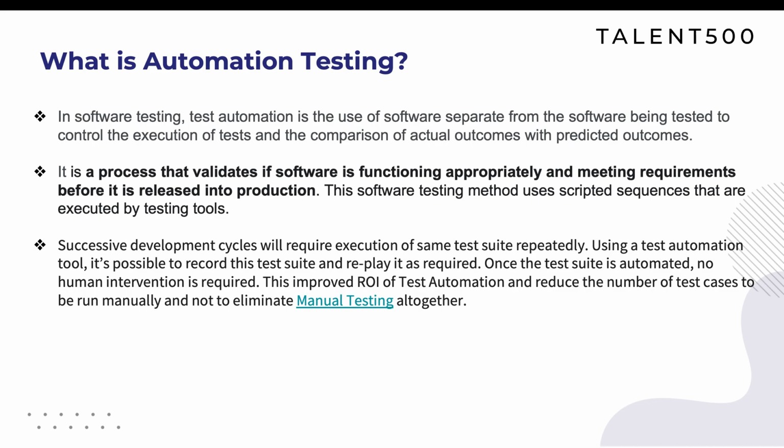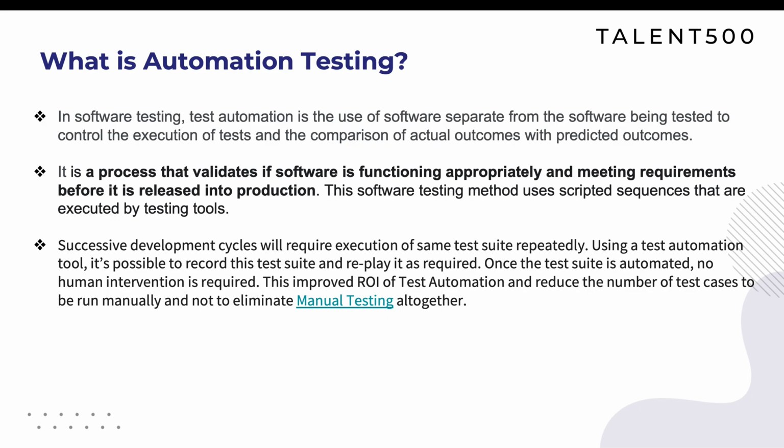Now repeating the same process again and again manually with different sets of test data is tedious and it will be prone to error. And at the end of the day, what will happen? There will be a lot of defects in production, and it will take a huge amount of time to test all those 100 scenarios. In that case, what should we do?